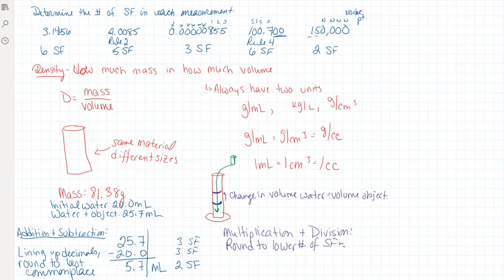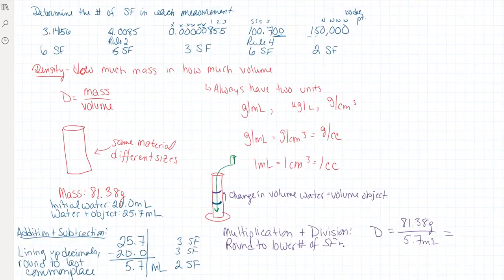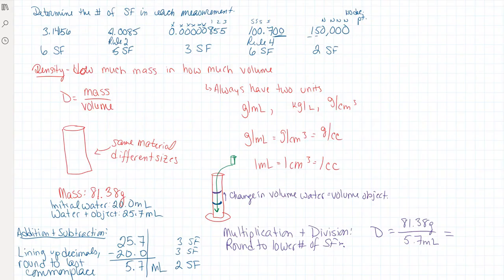So when I go to calculate my density, I take my 81.38 grams and I divide it by my 5.7 milliliters. When I type this into my calculator, 81.38 divided by 5.7 milliliters, I end up with a density of 14.2772. And my units are grams per milliliter, because I have grams up top and milliliters on the bottom.